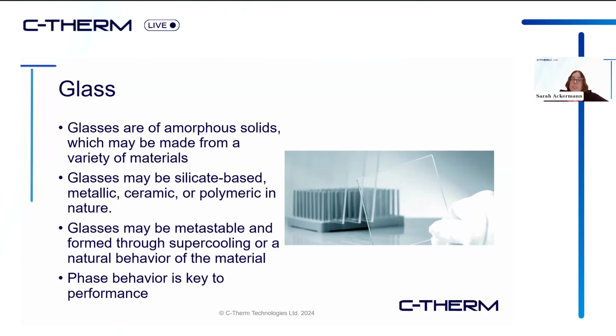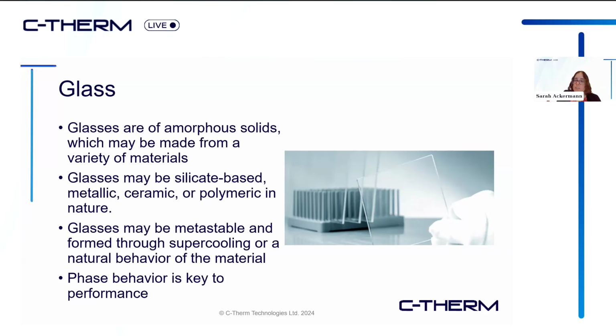Basically, if there is a material, you can probably make it glassy, although some materials are easier to make glassy than others. Some glasses are metastable, and they're formed through supercooling a fluid. Other glasses are stable at a given temperature range, and they're just a natural behavior of the material.